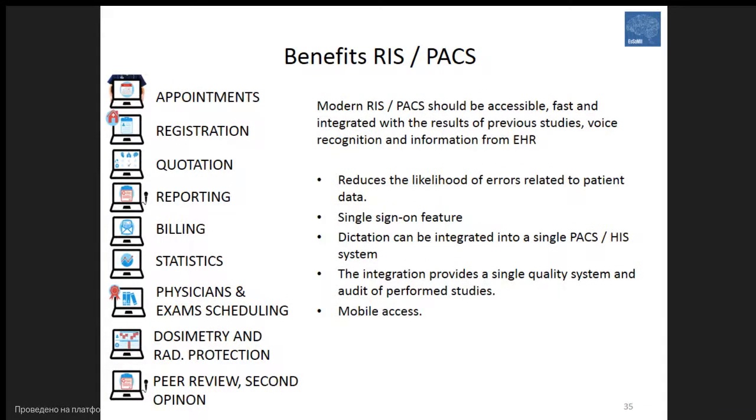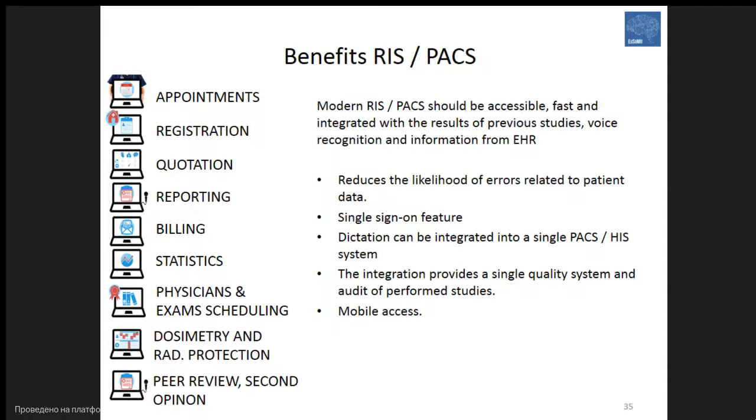And the optimal combination for today is the integrated RIS and PACS system, which allows you to have data on appointments, registration, quotation, reporting, and billing. So everything along the patient workflow, including peer review, second opinion, and dosimetry.